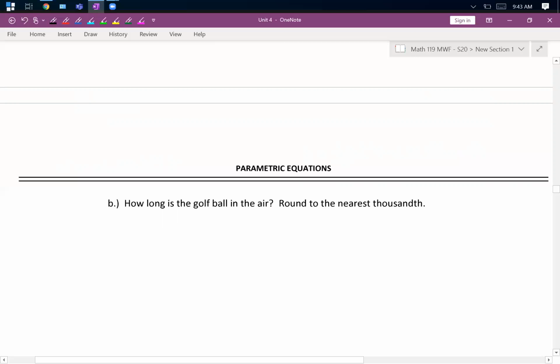And if the ball's in the air, well, then it's up off the ground, so it has that vertical distance to it. Well, that being said, I'm going to use the y equation, but what's my setup? What do I do with that y equation?